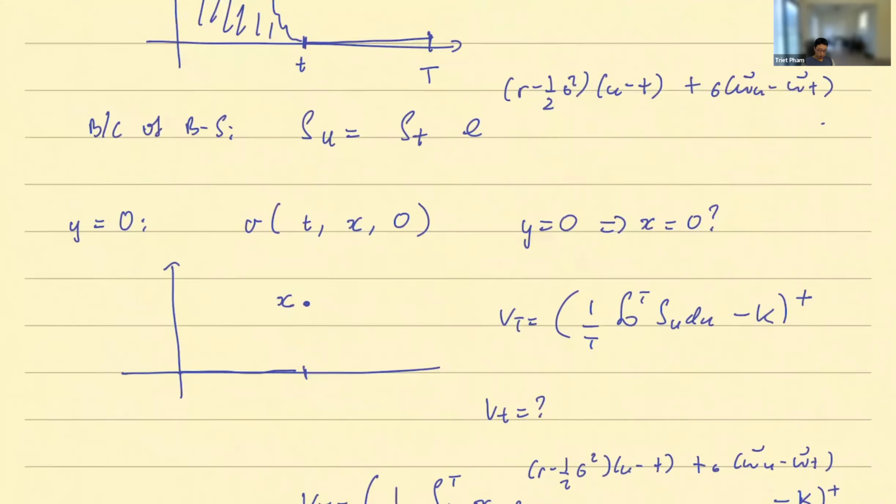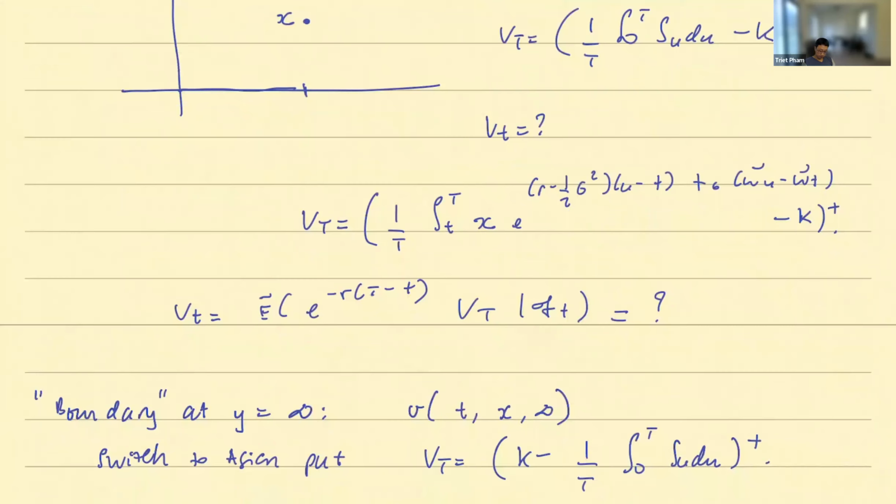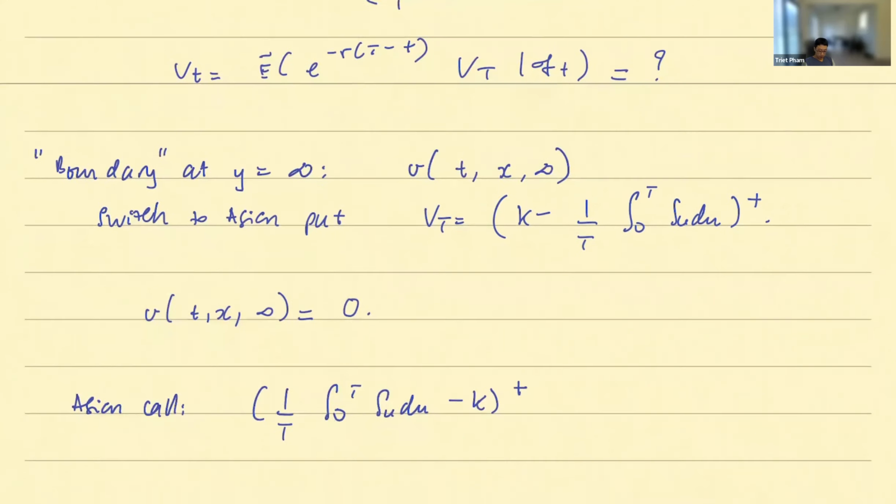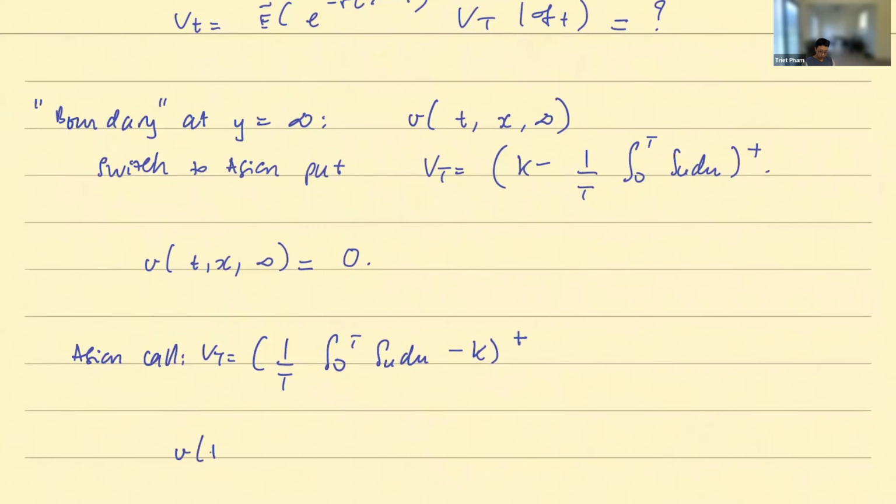Now, what about the call option? What about the agent call? Clearly, we cannot do this, because this will be infinite.